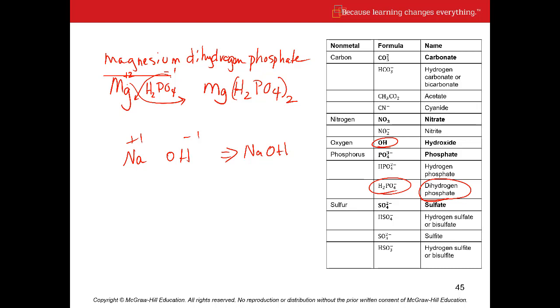If I did magnesium hydroxide, which is a +2, I'd have to have 2 of the hydroxides and 1 magnesium, so that would be Mg(OH)2. All right, just remember you keep all of those polyatomics together when you're doing them.